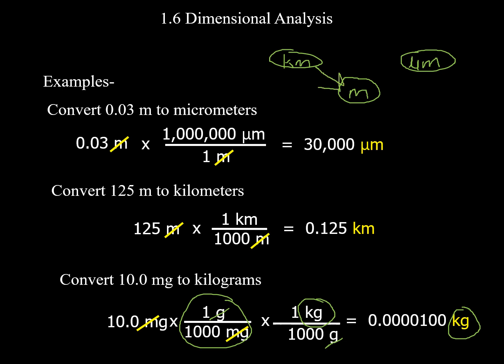So if the question was how many micrometers in 2 kilometers, you first convert 2 kilometers to meters. So you would multiply by 1,000. And then from meters to micrometers, you have to multiply by 1 million, 1 times 10 to the 6.